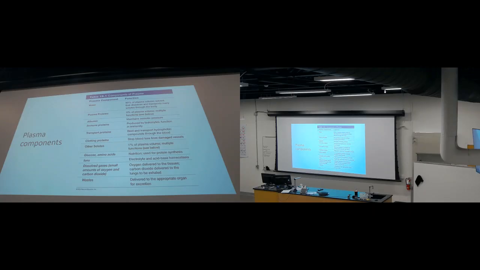So here are the components of plasma. Water makes 90% of the plasma volume. Water acts as a solvent to help dissolve solutes like ions that we ingest in our diet and transport them throughout the body. For instance, sodium chloride, the salt that we ingest, will be separated into sodium ions and chloride ions, which are positively and negatively charged respectively.